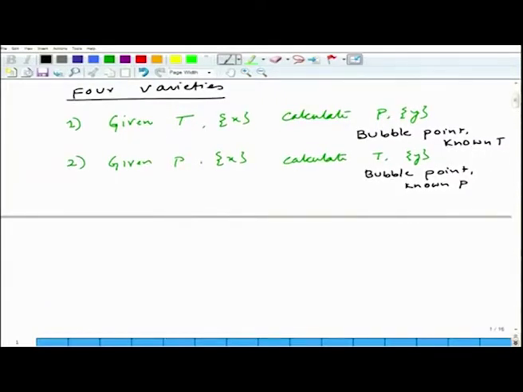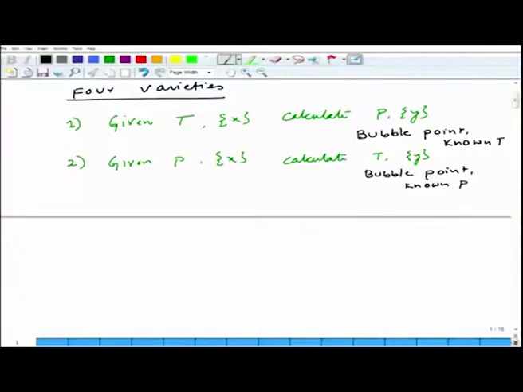The other possibility is when the composition of the vapor phase is given and you have been asked to calculate the composition of the liquid phase. In such a case, that will be dew point, because it is when the first drop of liquid forms. But depending on what conditions are available, it could be known temperature or known pressure. So, I am going to just write that down.